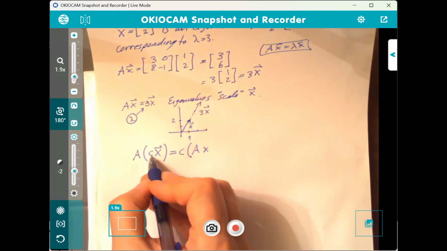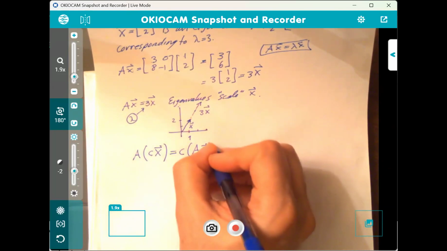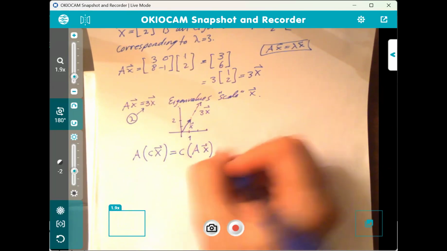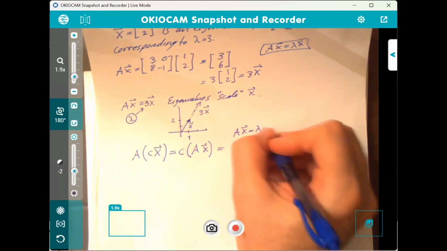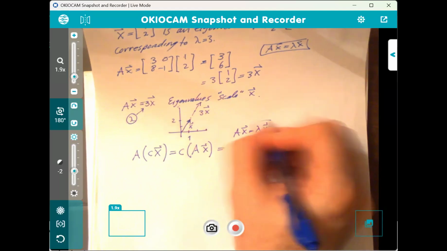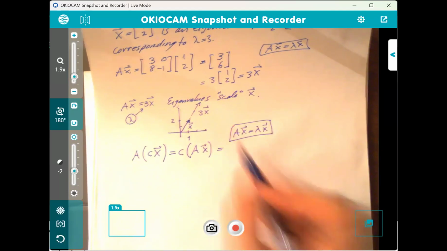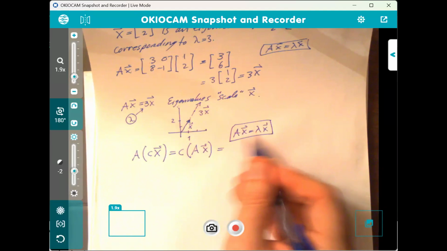Remember, C is a scalar, so you can bring it outside, right? C Ax. And up here, we said suppose we have the eigenvectors corresponding to A, so this is assumed to be true.